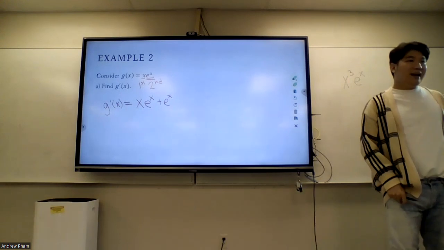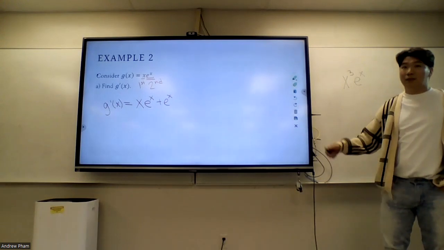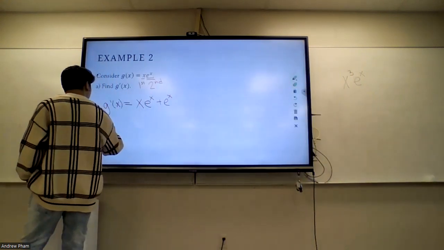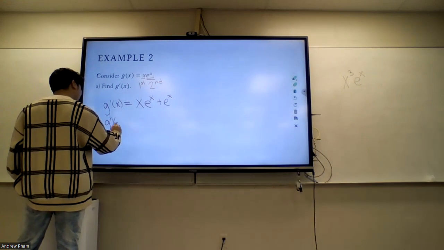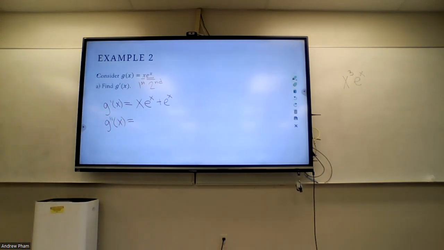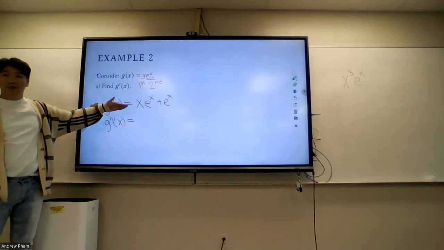For practice, let's go ahead and find the second derivative. Let's get g double prime. There are two ways that people might go about getting the second derivative. If I want the second derivative, I need to get the derivative of the first derivative.